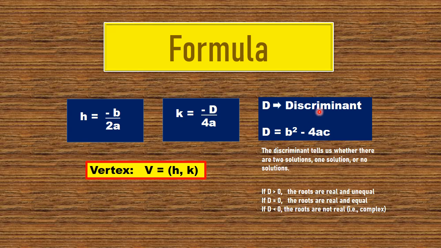The discriminant tells us whether there are two solutions, one solution, or no solutions. If d is greater than 0, the roots are real and unequal. If d equals 0, the roots are real and equal. If d is less than 0, the roots are not real, and that is a complex solution.